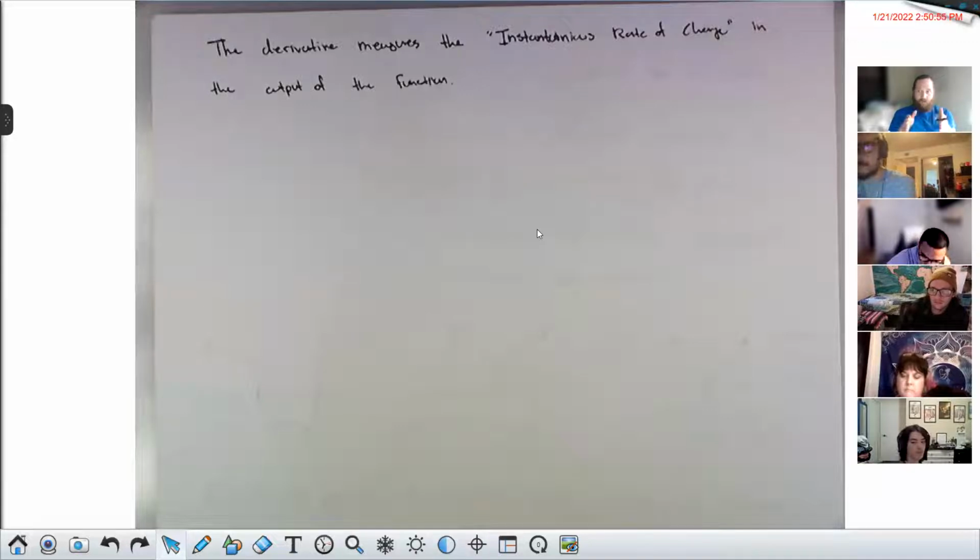Instead of asking how much this function is changing over some interval, I'm asking how much it is changing right this moment. The easy comparison here comes from physics. If you're driving a car, I can talk about my average speed over a trip, but I could also talk about my instantaneous velocity, or my exact speed at any moment during that trip.